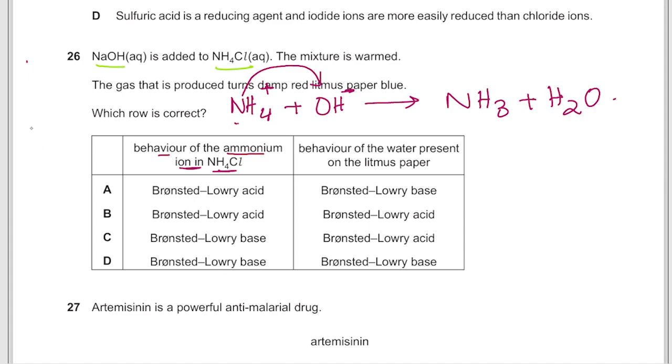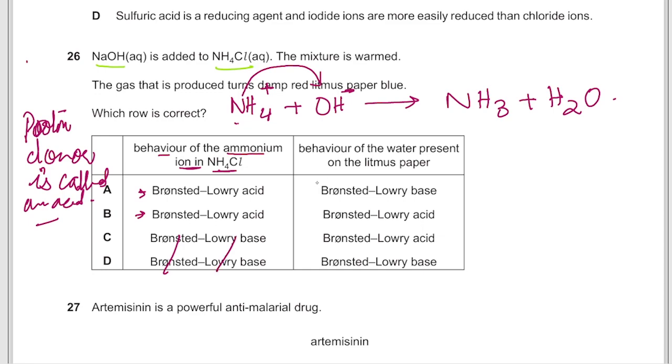So that's why a proton donor is an acid. A proton donor is called an acid. So if a proton donor is an acid, then we will say Bronsted-Lowry acid. So it means that in these options, not these two will be part of this answer. Okay, first option A, maybe B. Let me check the rest of the behavior.